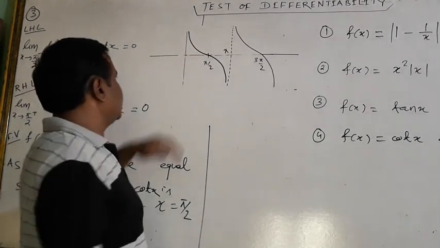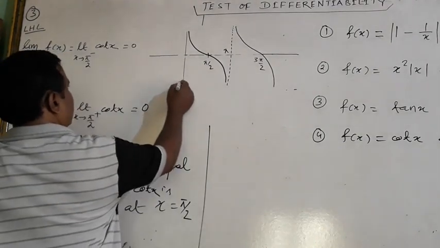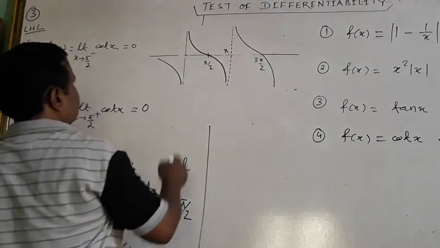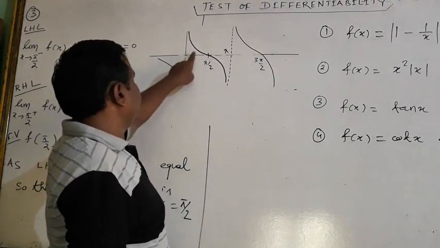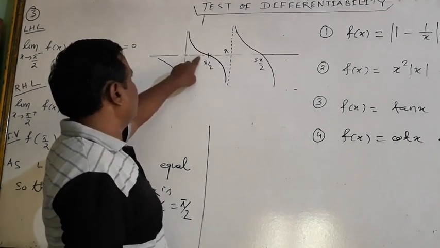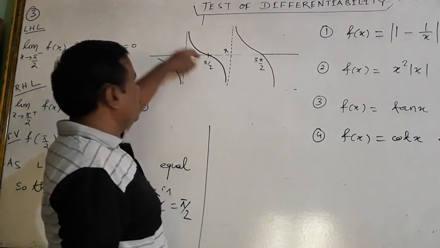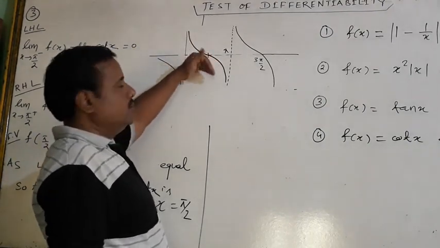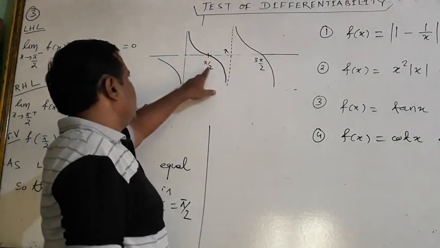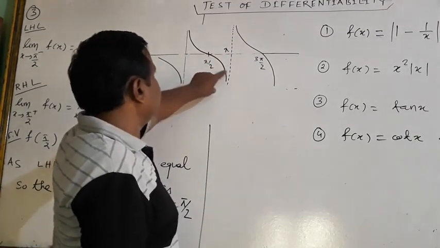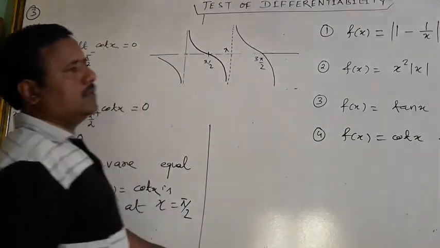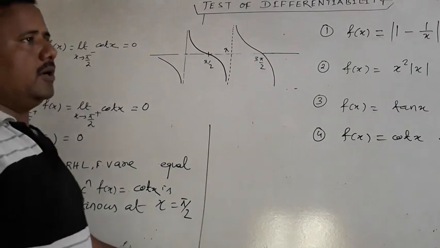For x tends to 0 minus, it will go like this. Cot 30 is root 3, cot 45 is 1, cot 60 is 1 by root 3, so it gradually goes down. And in the second quadrant, π/2 to π, the value of cot is negative. So this is the graph of y = cot x, which you already know from your class 11.